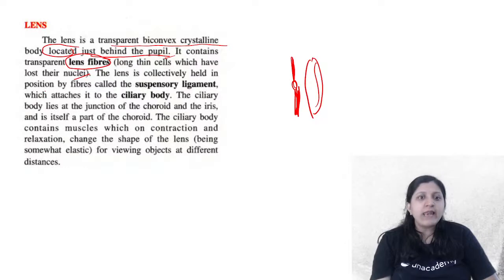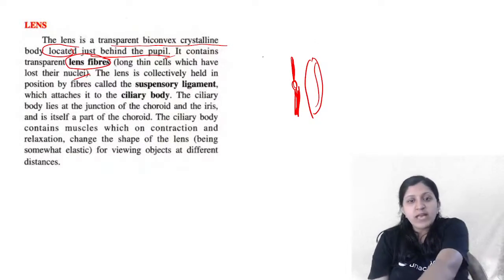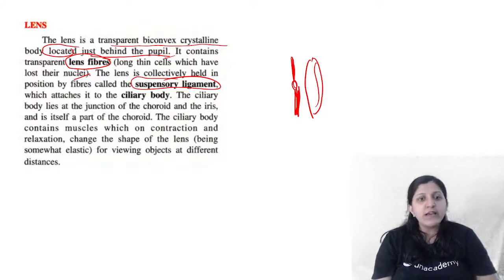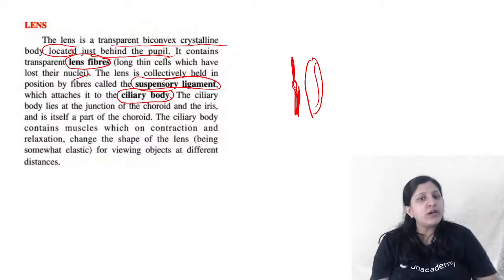The lens is held in position collectively. How is it held in position? There is a suspensory ligament, which attaches it to the ciliary body. The ciliary body lies at the junction of the choroid and the iris, and is itself a part of the choroid.